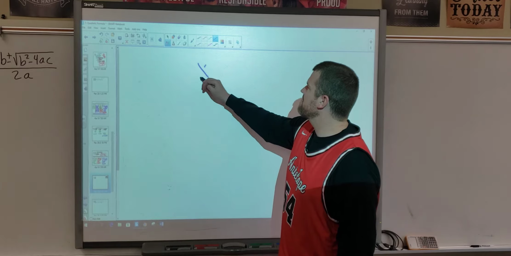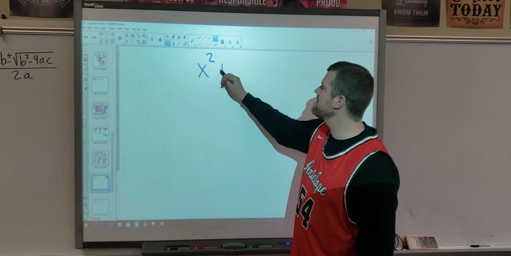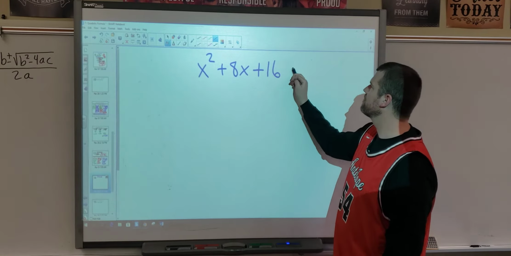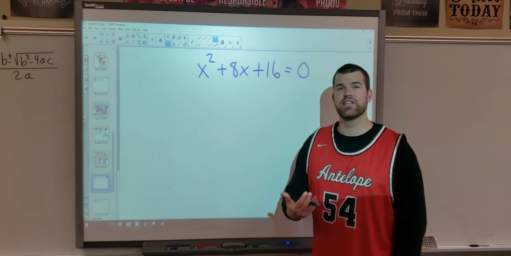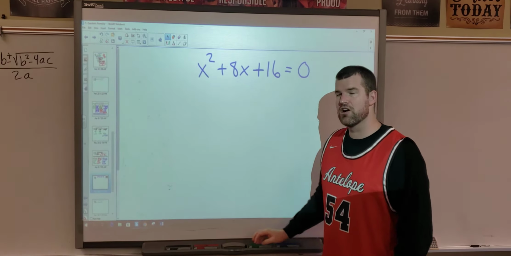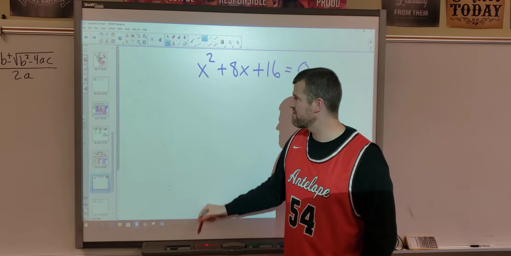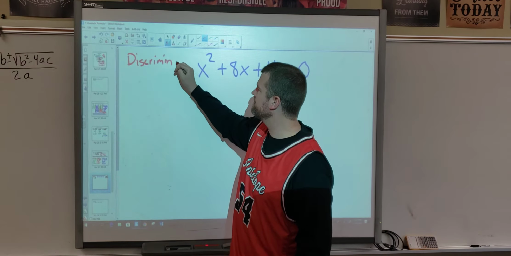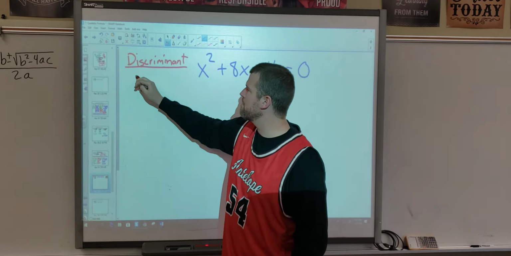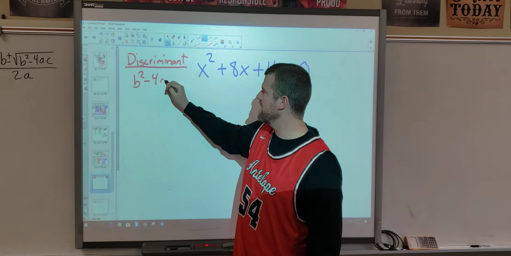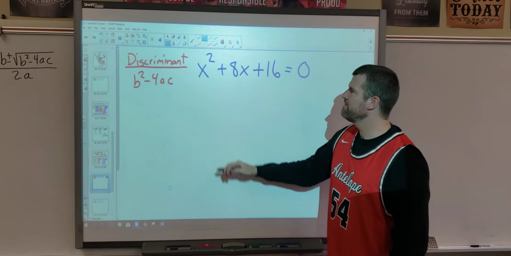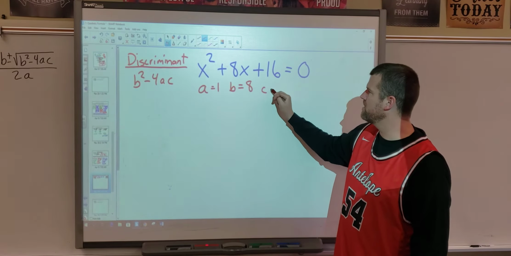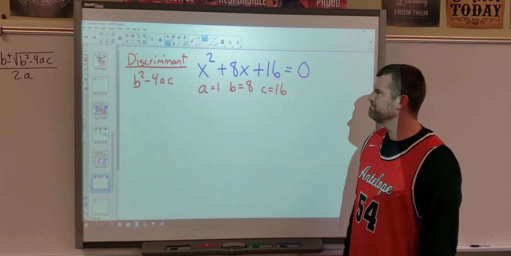So let's go x squared plus 8x plus 16. Okay, so if I asked you for the number of solutions, we would use our discriminant, right? So discriminant, which is b squared minus 4ac. We're going to identify that our a is 1, our b is 8, and our c is 16.